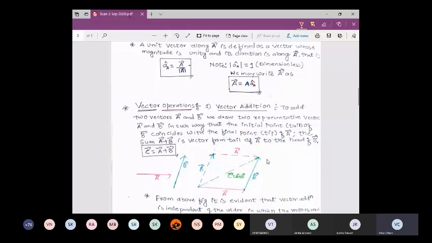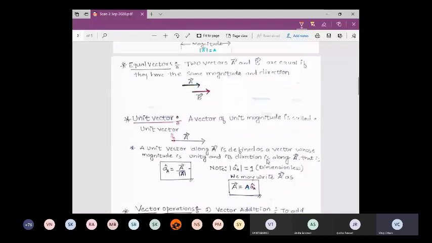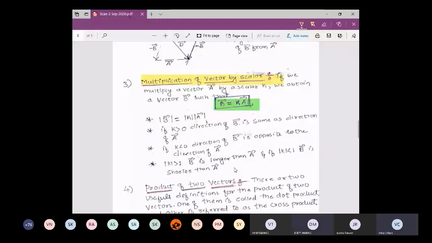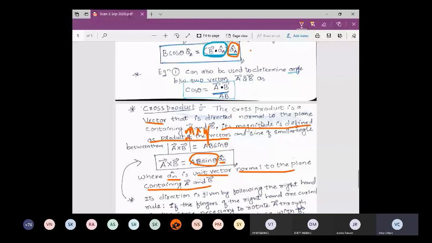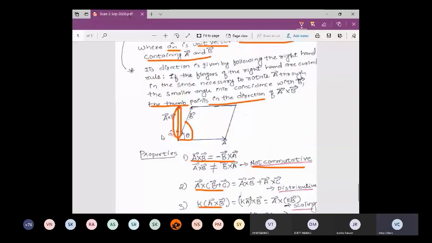Sir, what is the meaning of normal in that equation, the A n hat in the cross product? Normal means perpendicular. If you take a plain book and keep a pen perpendicular to it, that pen is normal.